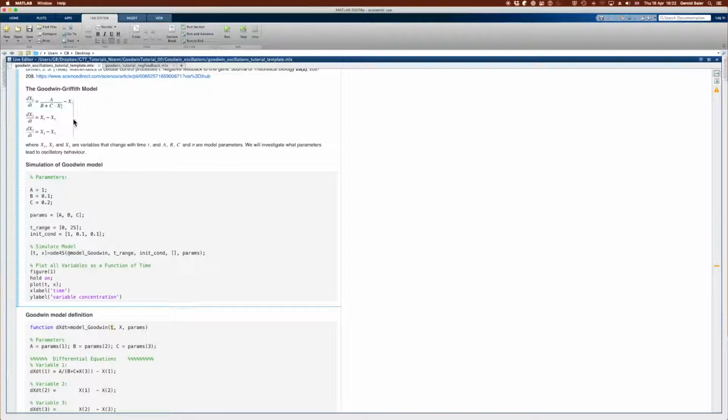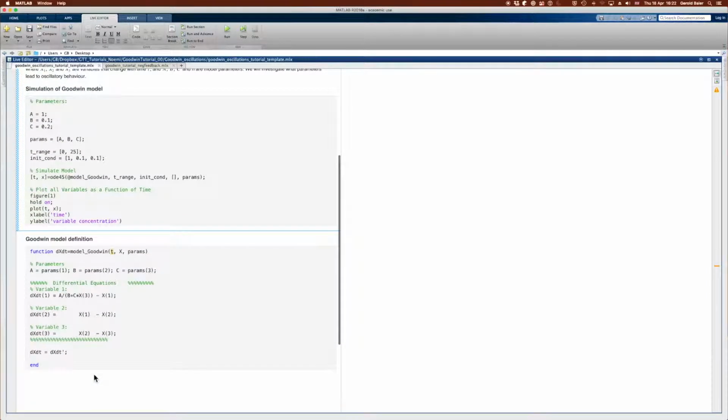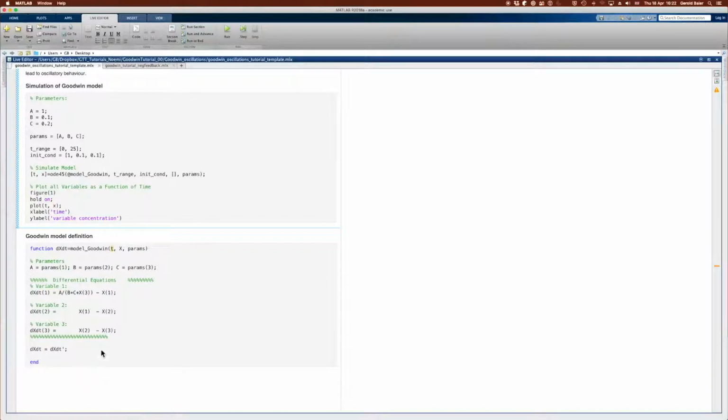The exponent n turns up only in the first equation of the model, and it's the exponent of x3. So let's go into the Goodwin model definition here at the bottom, and simply add in that exponent n. So now we are done with that.